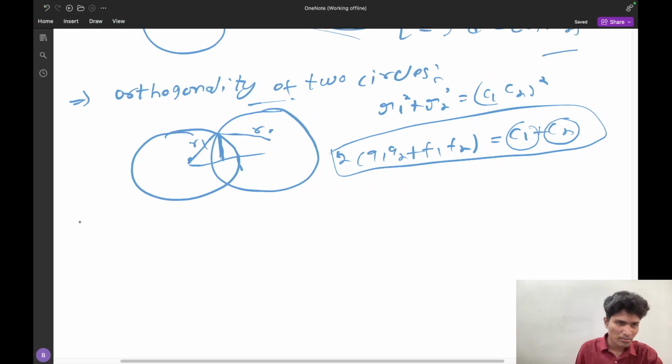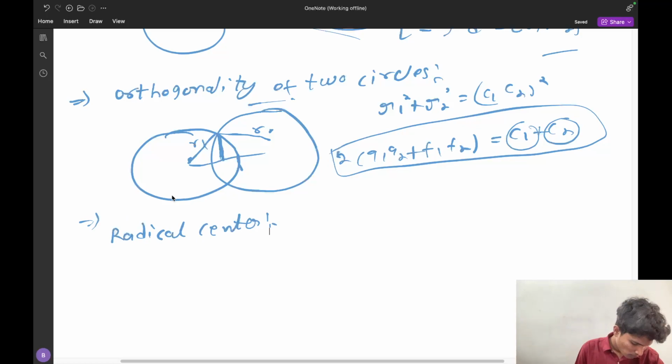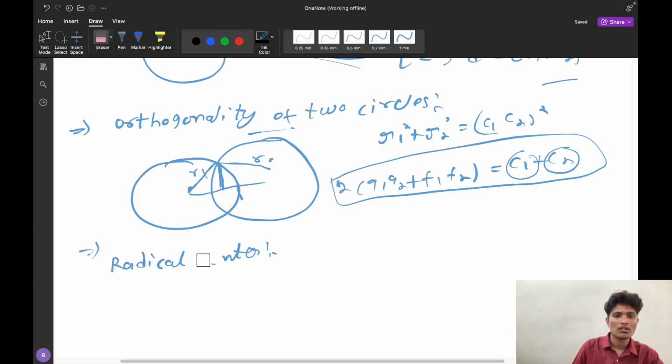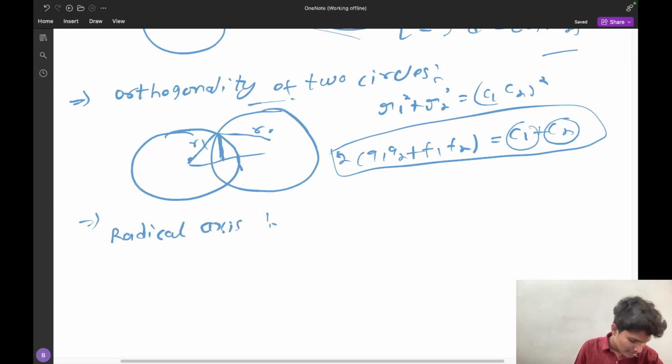And the next important concept, that is radical center. Before radical center, I will discuss the radical axis. What is meant by radical axis? The radical axis is defined in the bookish language like this. The radical axis of two circles is a locus of a point.